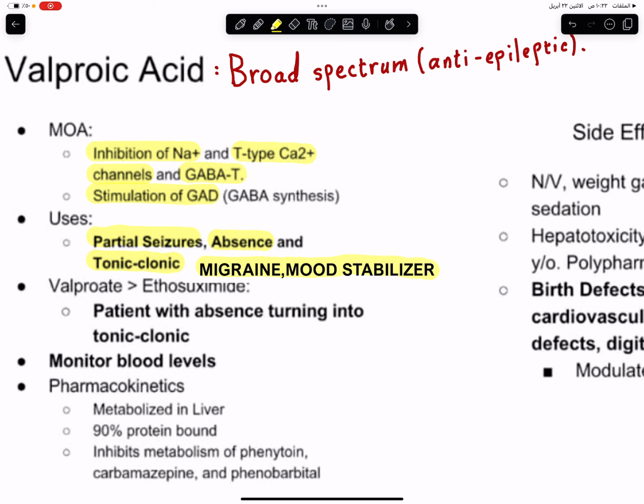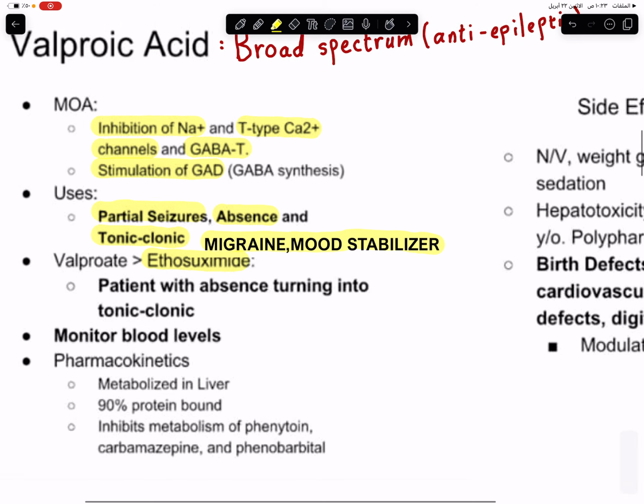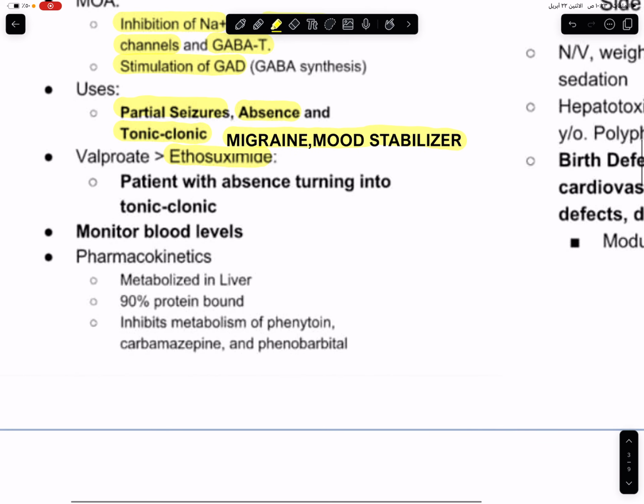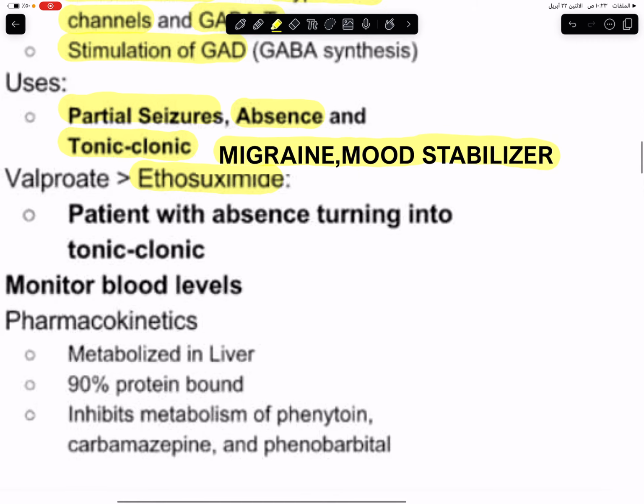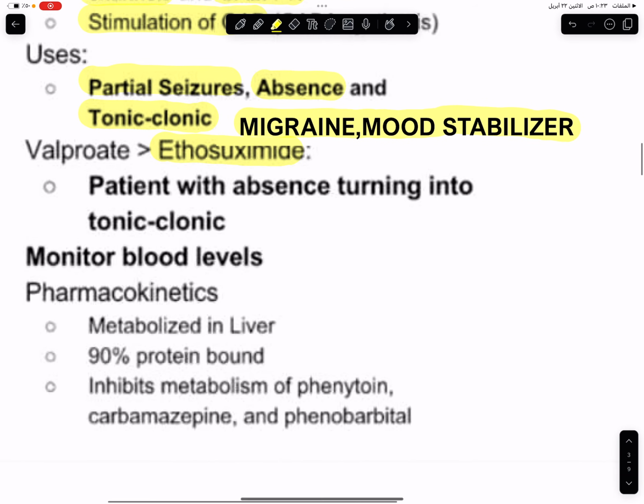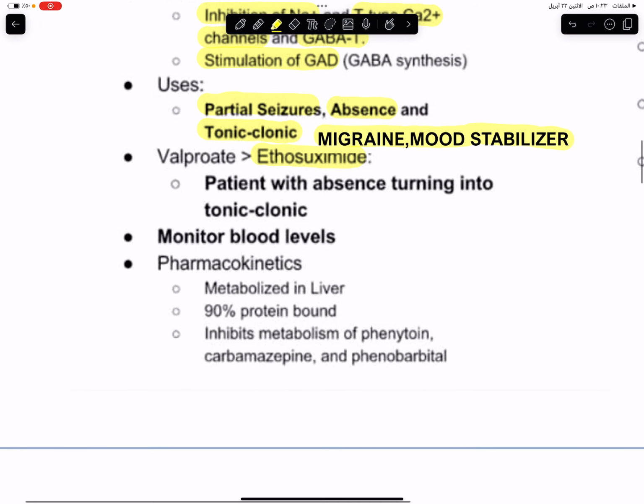But if the absence seizures are turning into tonic-clonic, like if you recall the PBL case, where the patient stares, that is called absence seizures, but then starts tonic-clonic seizures, if this is the situation, then we will use valproic acid. If it is only absence seizure, then it is ethosuximide.